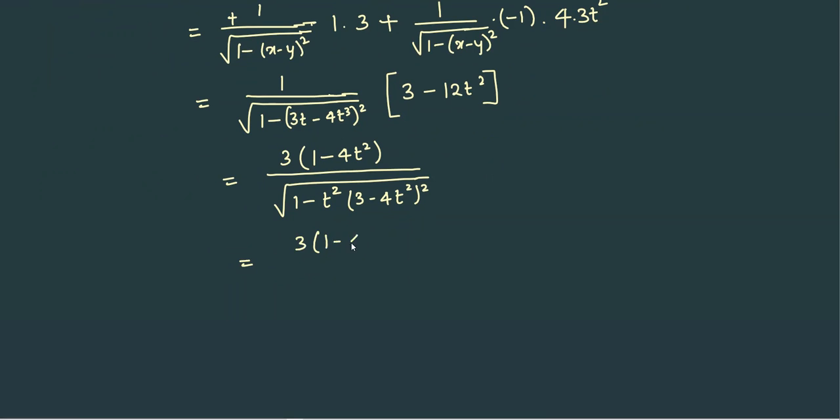This is 3 into 1 minus 4t square upon under root of 1 minus t square, and expanding the square under the root, 9 minus 3 fourths 12, 24 t square, 16 t power 4.